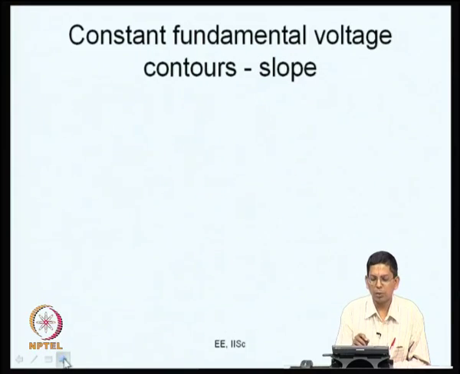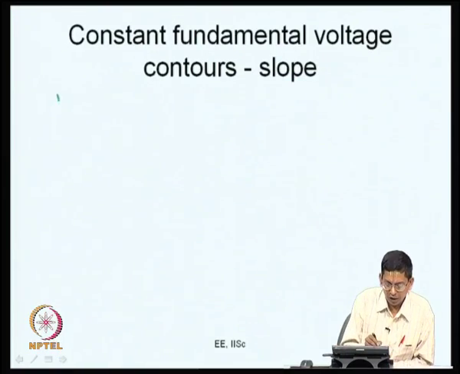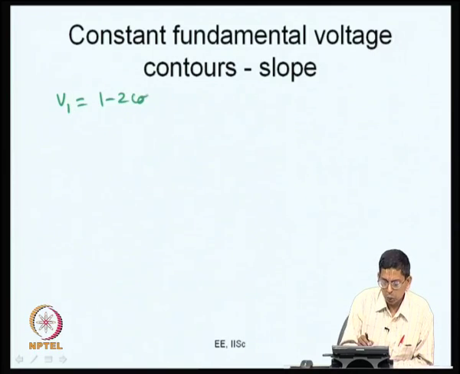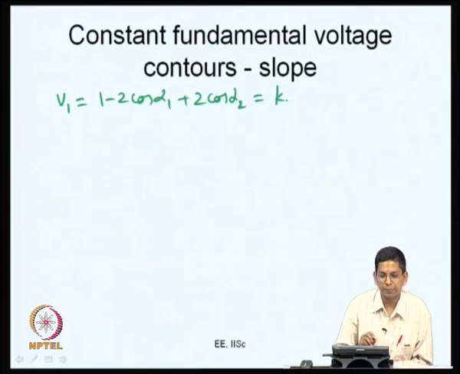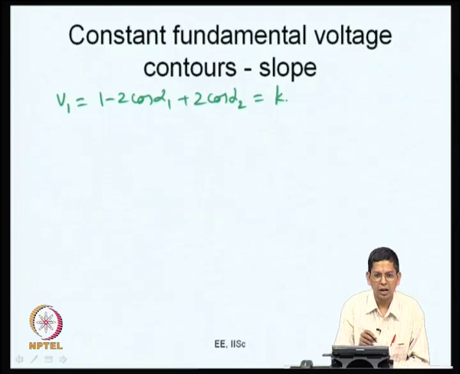So, in the constant fundamental voltage contours, this is a kind of a curve. It will be interesting to understand the slope of this curve. Now, we are looking at these curves: V1 equals 1 minus 2 cos alpha 1 plus 2 cos alpha 2. This is equal to some constant, let me call this k. Now, I am interested in understanding the slope of these curves.